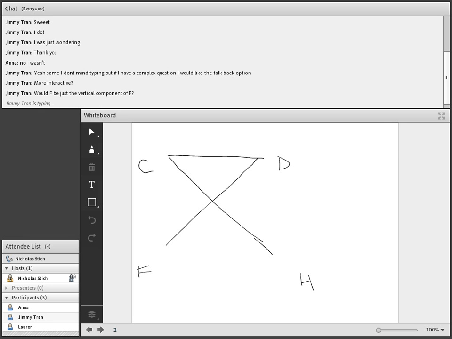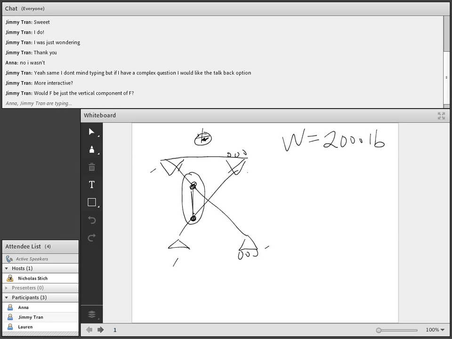We're just going to have force in the Y. But then what about D and H?